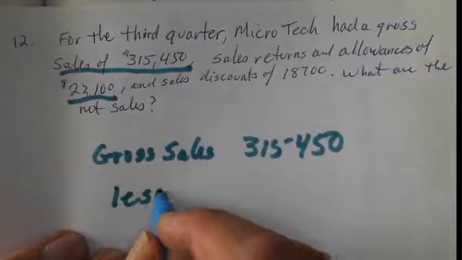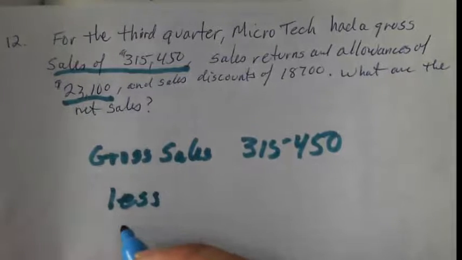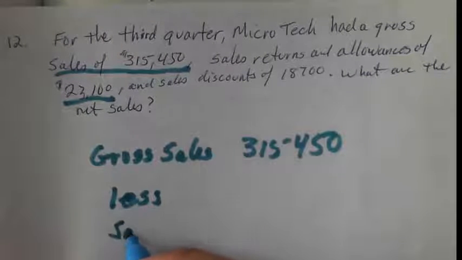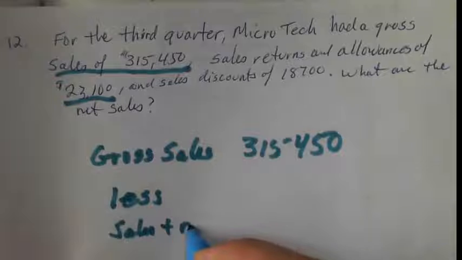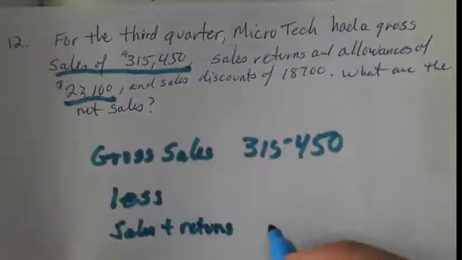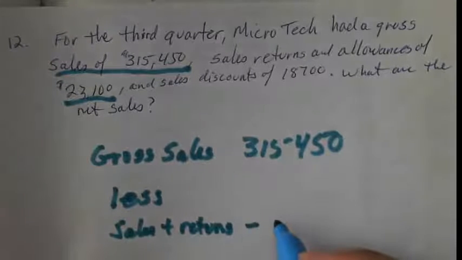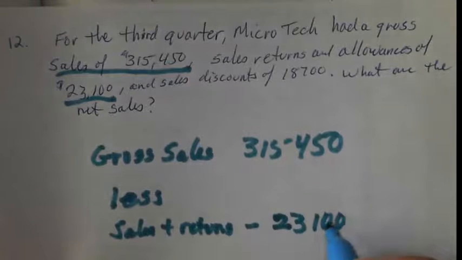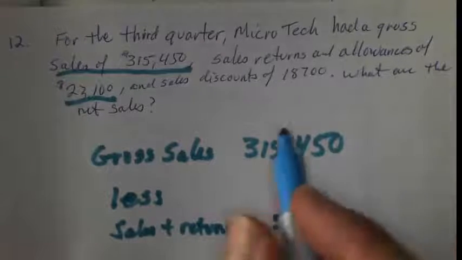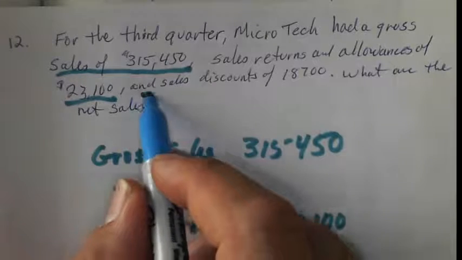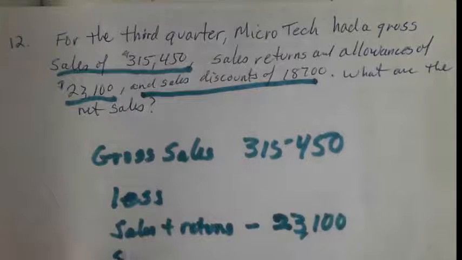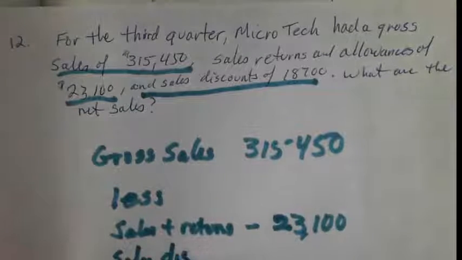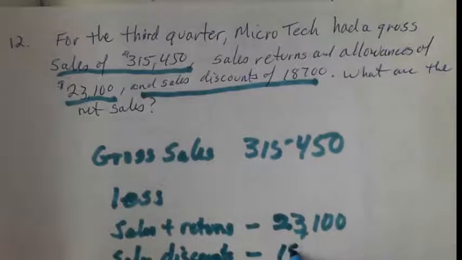We're going to have, less these items, sales returns and allowances, so we subtract that $23,110. And sales discounts, subtract that.